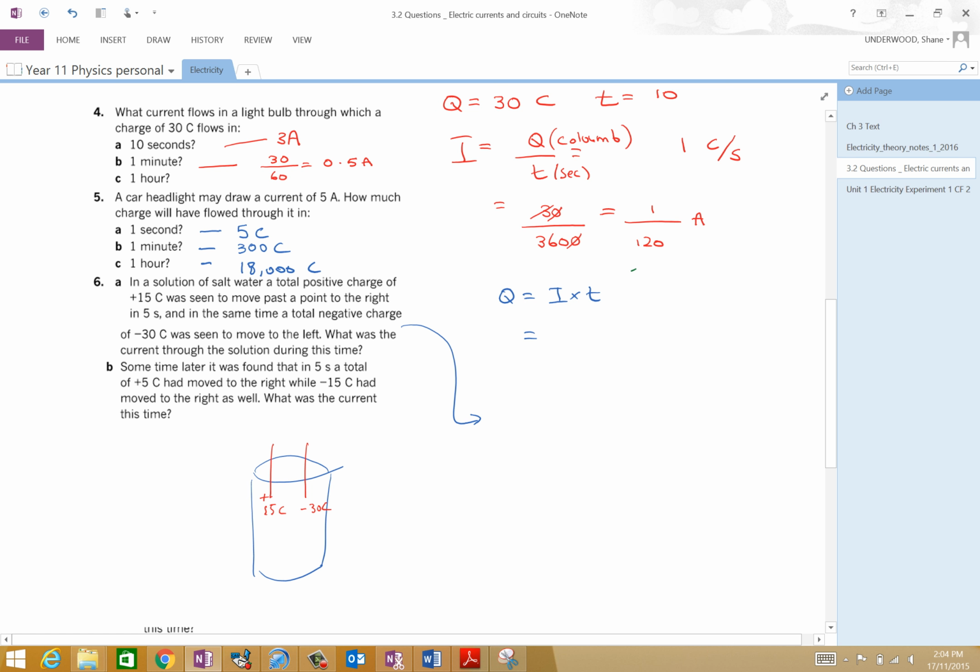So what's the net charge? Negative 15. So the net charge is minus 15 coulombs.